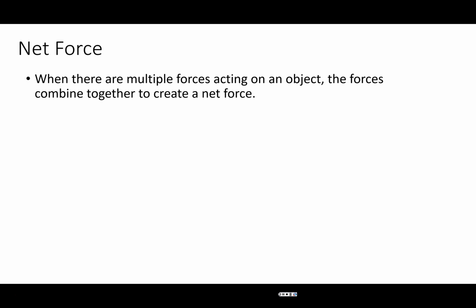So in physics, a lot of times we draw these little arrows representing this, this, and this. And just like you have a net worth, what's in your bank account, when we talk about net forces, we're talking about all the forces on an object.